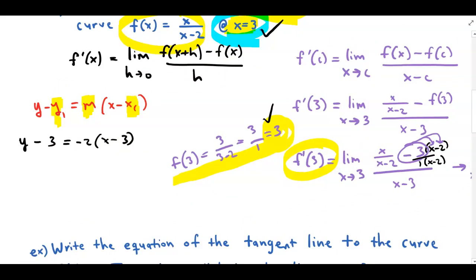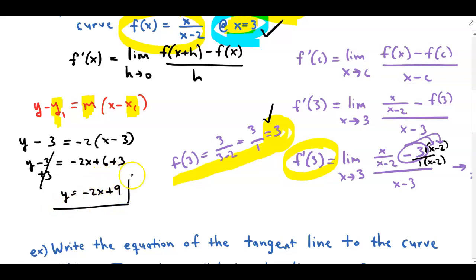Now when you check your answers in the back of the book, they simplify a lot of these problems. So if you're trying to see if you got it right, you might have to simplify your work. So distribute the negative 2, move the 3 to the other side, negative 2x plus 9, and that is slope-intercept form.